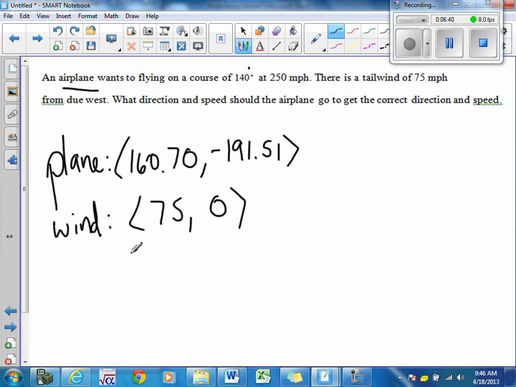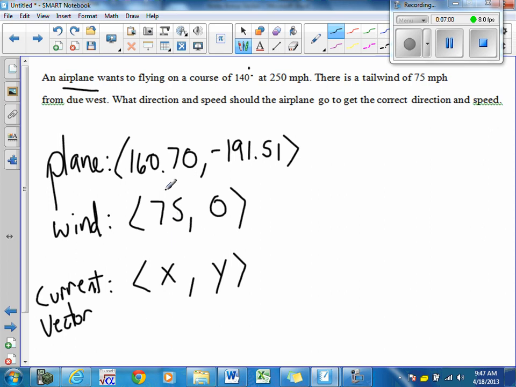Now, I know my answer I have to add together. So I'm going to say, let's call it the current vector. Which way should we go? So I'm going to call this x and y. And I know x plus 75 has to be 160.7.